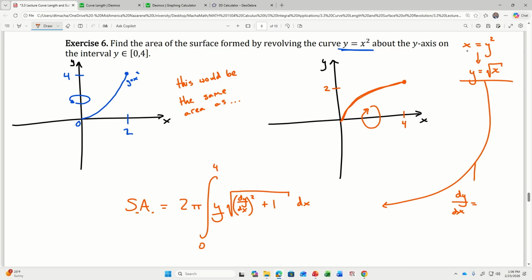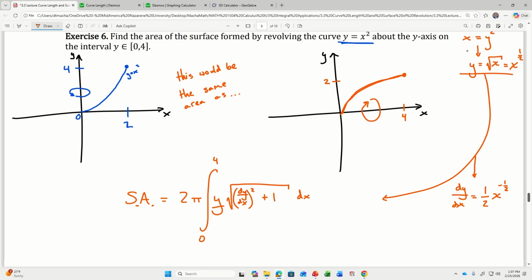And so for this y, what is the dy/dx? 1/2 x to the power -1/2. Yeah, because in the derivative power rule, you subtract 1 from the power. So instead of having x to the half power, we have 1/2 x to the -1/2 power, taking a derivative.